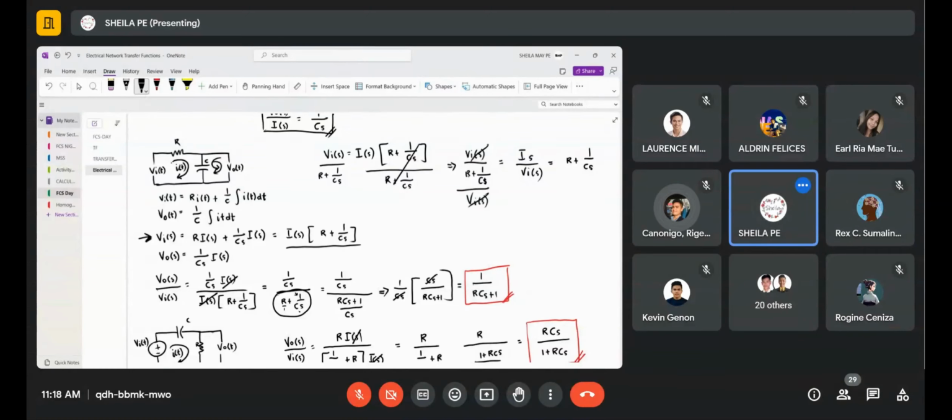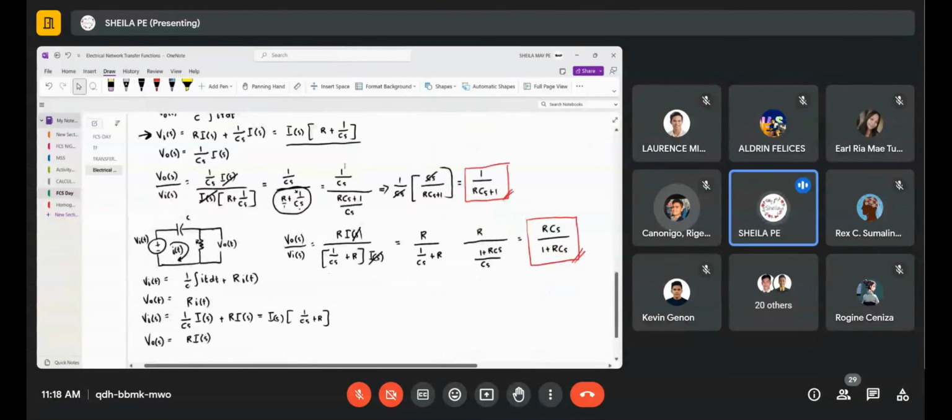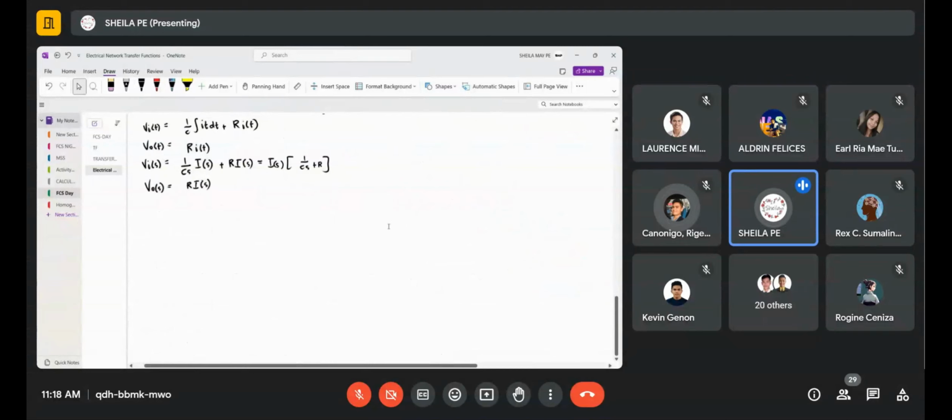Okay. So let's do, since we already did RC, let's do RL, resistor inductor. So if we have a given simple circuit here, resistor, and then some inductor, and we take the output across our inductor.